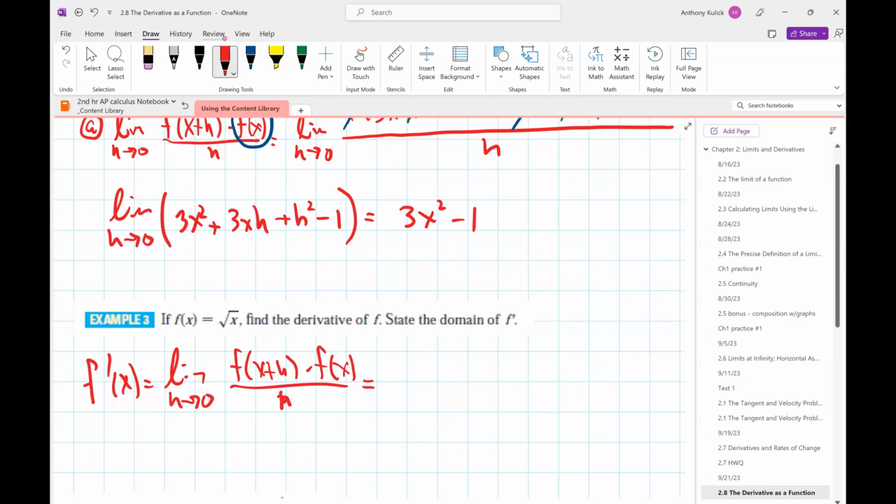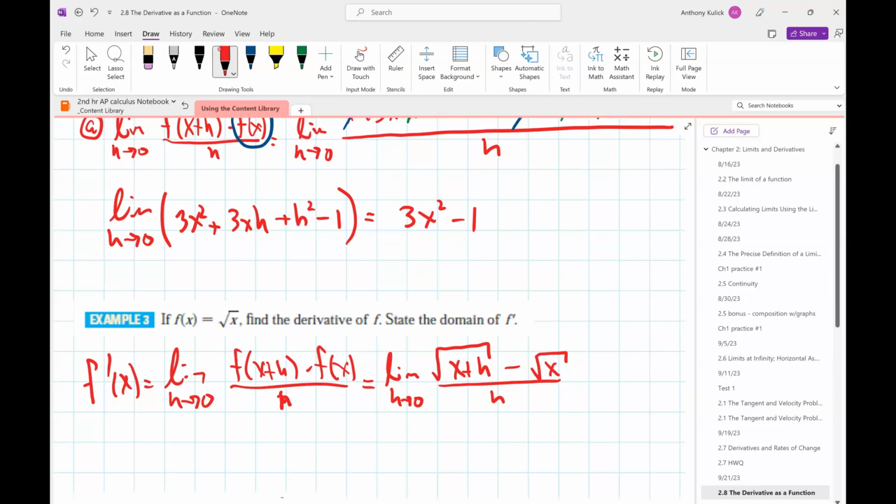So f of x plus h is just going to be the square root of x plus h. And then we have minus the square root of x all over h. How come no one's yelling at me yet? You dropped the limit. You got to do it sooner. I dropped it too.